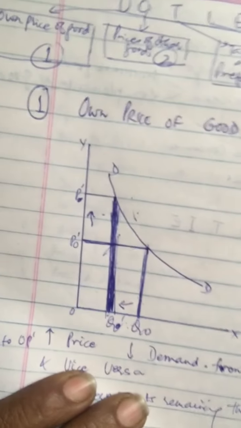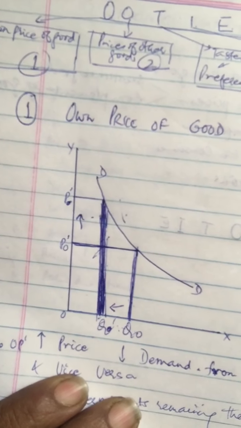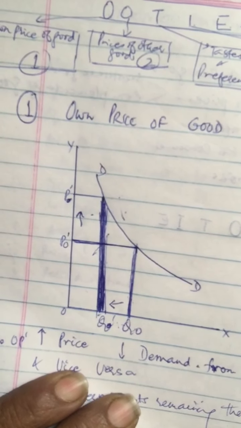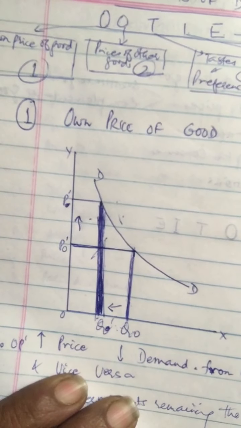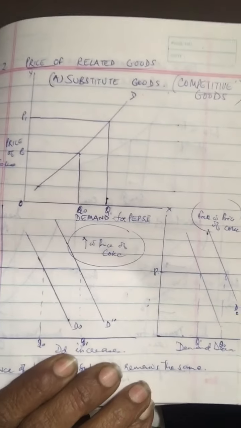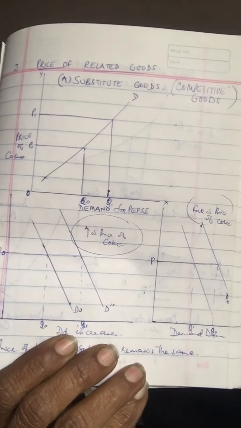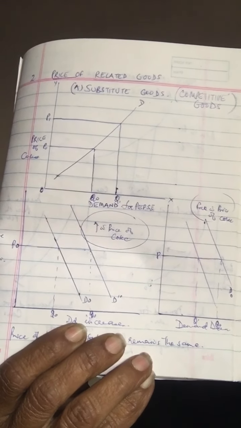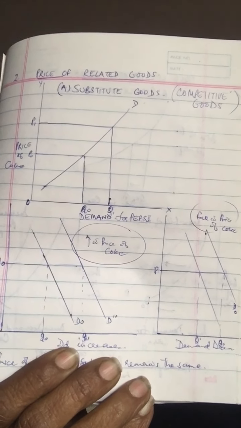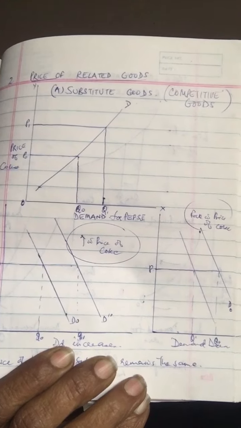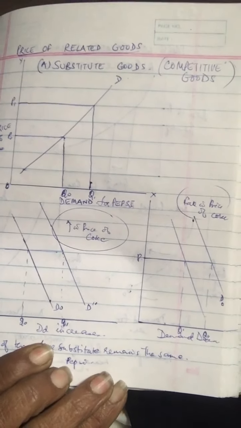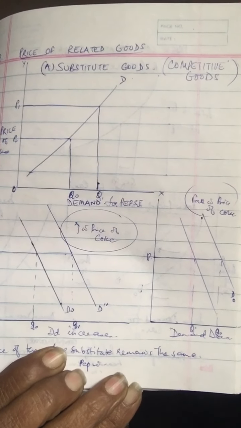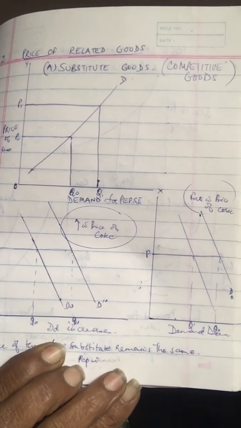So now we're going to talk about the price of related goods. Now let's just take substitute goods, which are also known as competitive goods. In this diagram, let's consider Coke and Pepsi as perfect substitutes. It doesn't matter whichever you consume, it gives you equal satisfaction.